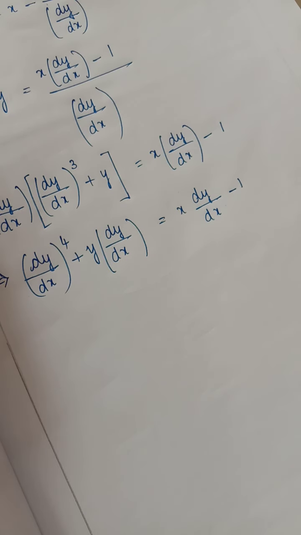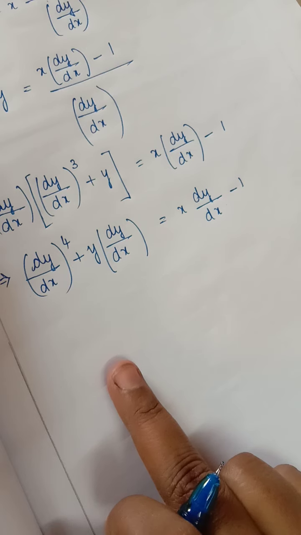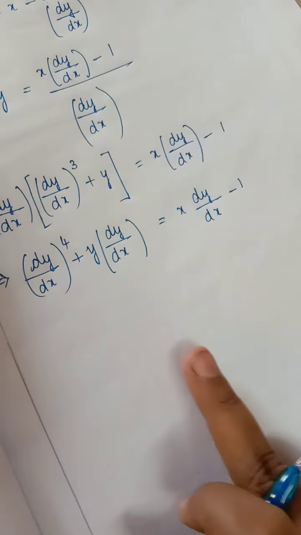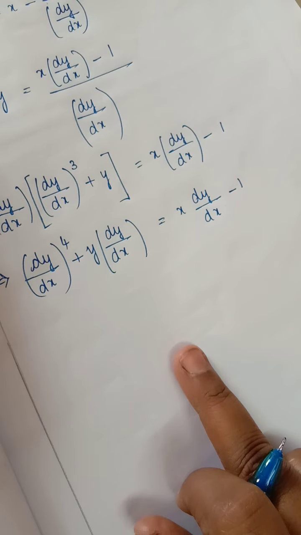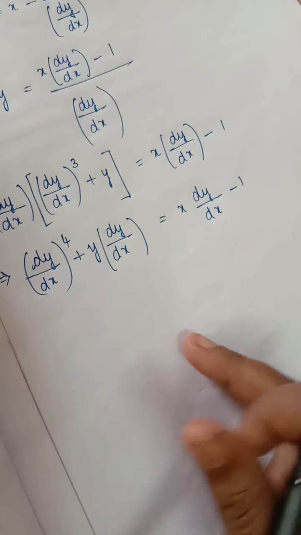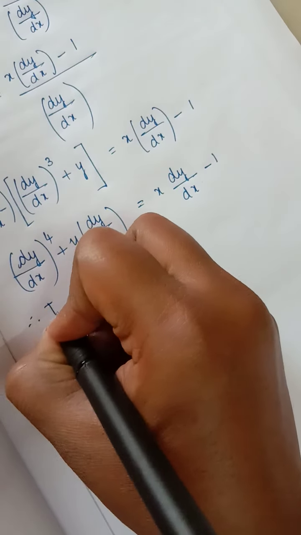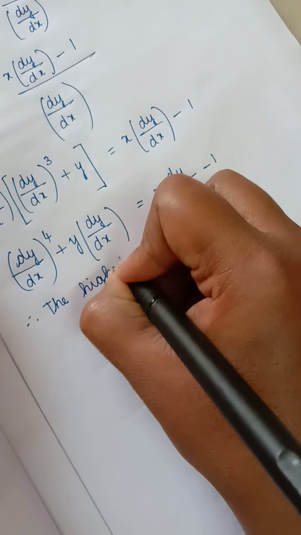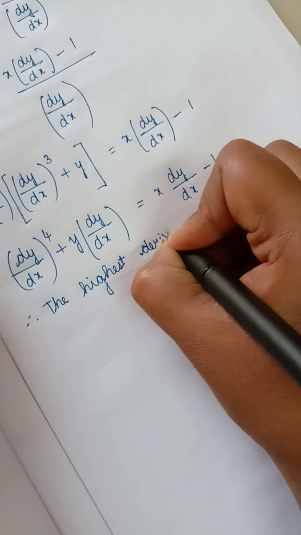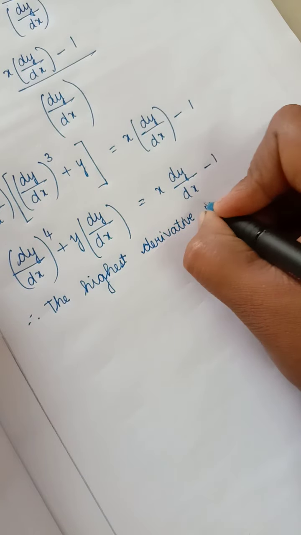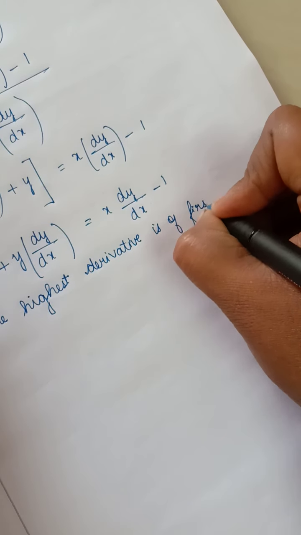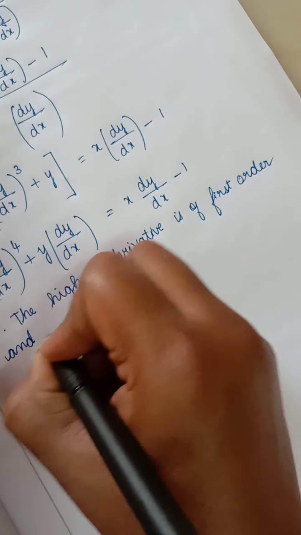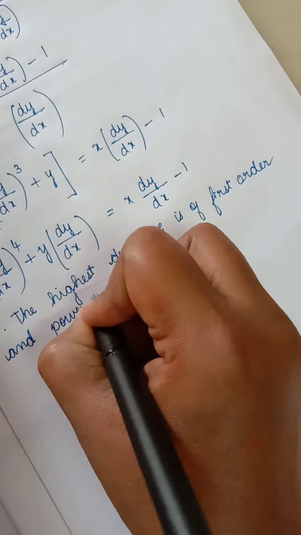Next, we look at the power. What answer will you get here? The power is 4. Therefore the order is 1 and the degree is 4. Therefore the highest derivative is of first order and the power is 4.